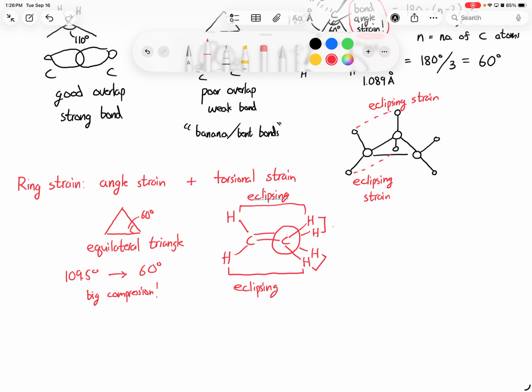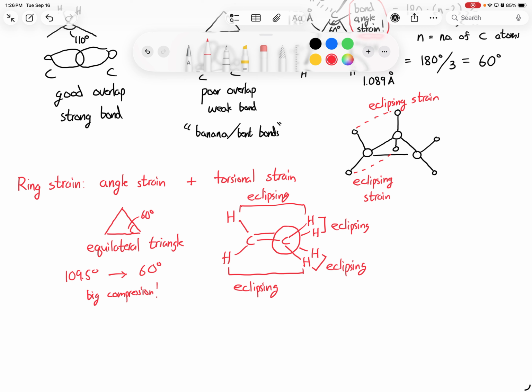All right. So that's with cyclopropane. Too much strain going on. So that's why it's very reactive, very unstable.